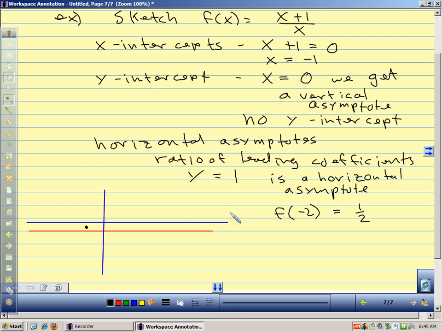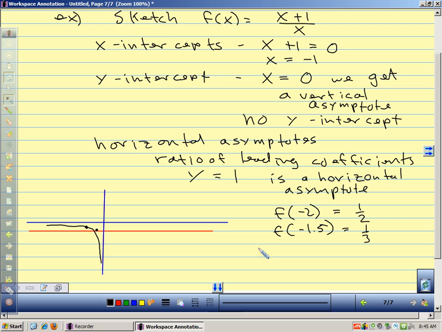At x equals -1.5, if I plug that in here, I get that my function is 1/3. So my function's getting smaller here. So that tells me my function here is going to look like so.